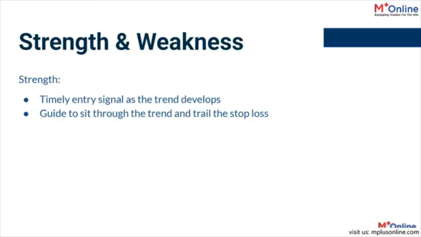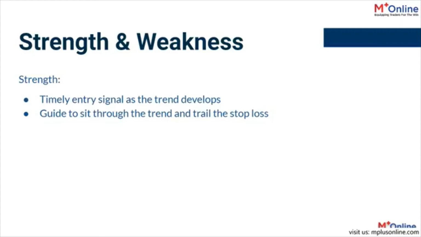It tells us to get in. That's very nice, right? And it also gives us the trailing stop loss to exit only if the price breaks below the Parabolic SAR dots. It helps us to sit through the trend and trail our stop loss higher and higher.